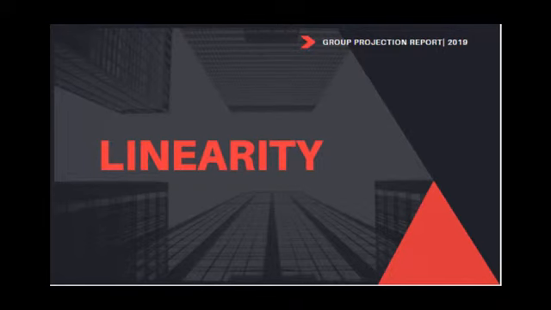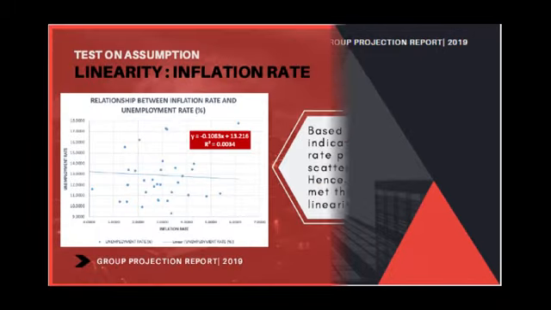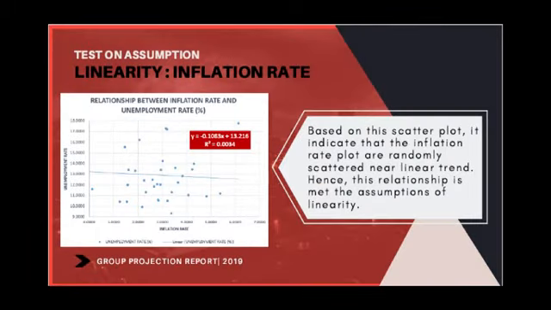The first assumption is linearity. The assumption of linearity for a relationship between unemployment rate and inflation rate in the United States of America has been tested using a scatter plot. Based on this scatter plot, it indicates that the inflation rate plots are randomly scattered near the linear trend.